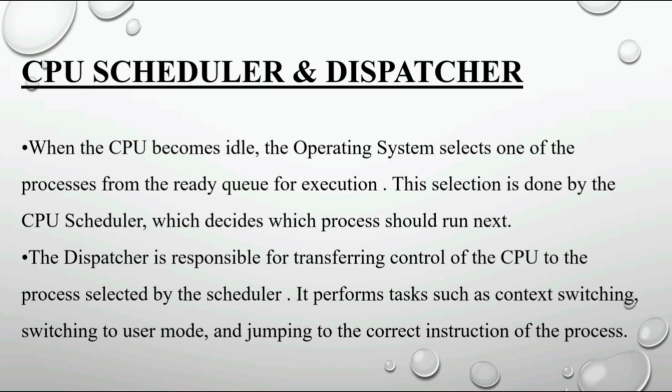Dispatcher: the dispatcher is responsible for transferring control of the CPU to the next process selected by the scheduler. It performs tasks such as context switching, switching to user mode, etc. In short, the CPU scheduler chooses the next process to run. The dispatcher switches the CPU to that process and starts its execution.